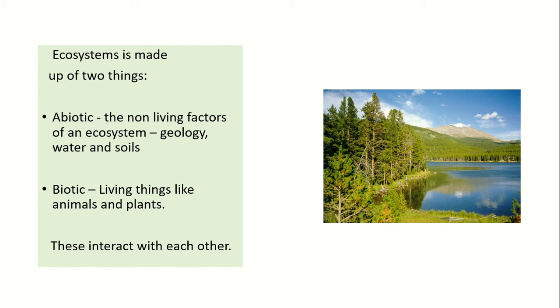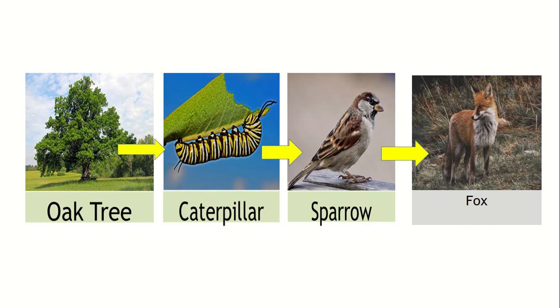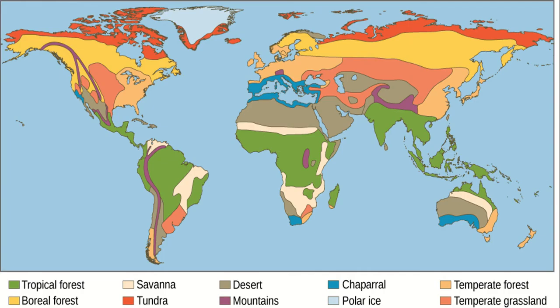Now the interaction between all those different things, between the plants, the water, the soil, the atmosphere, all those different interactions is what an ecosystem is, essentially. And we also have this thing called a food chain, which basically shows the flow of energy across an ecosystem. So again, this is that interaction, a biotic interaction as well.